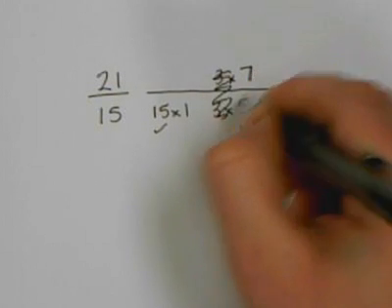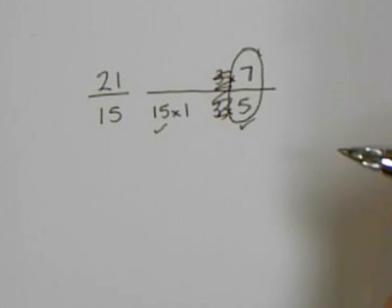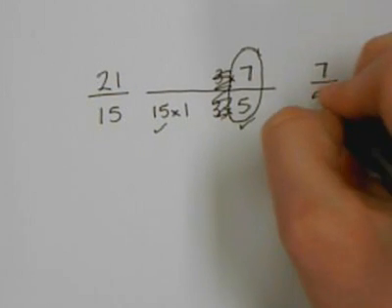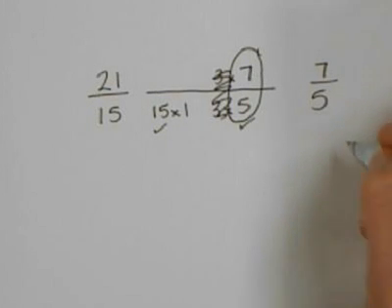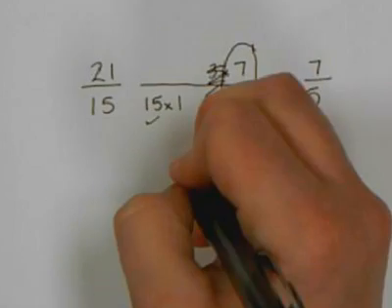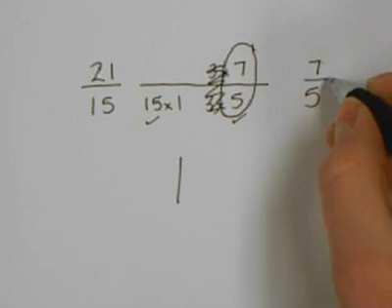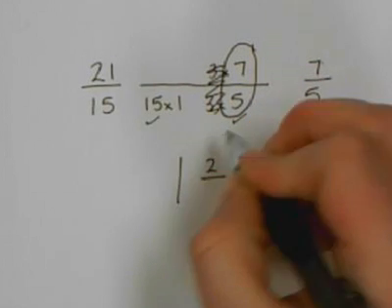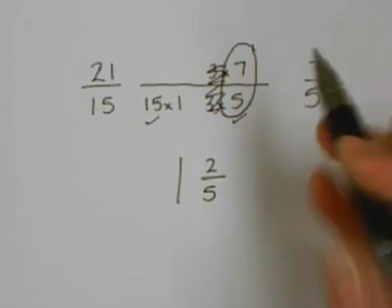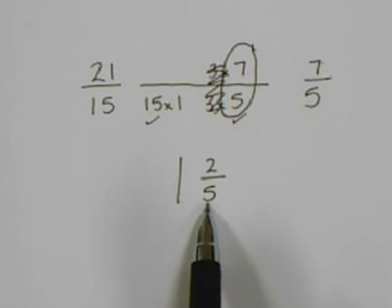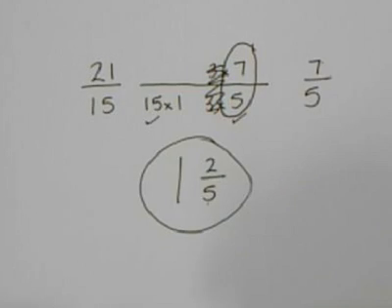Lose what's the same, keep what's different, 7/5. But we cannot keep 7/5 as our final answer. So on my first try, big 1, 7 minus 5 is 2. Keep the last name, fifths. Now 2/5 is a proper fraction because the biggest number's on the bottom. So we're finished, 1 2/5.